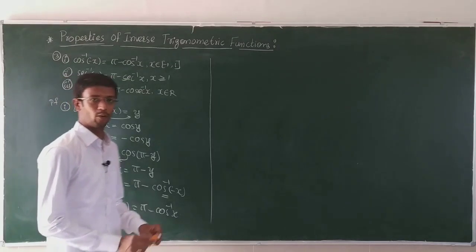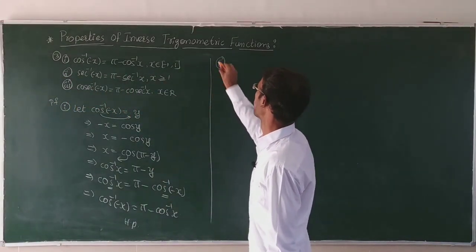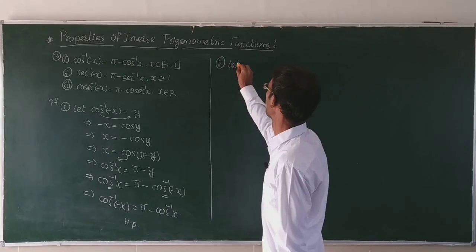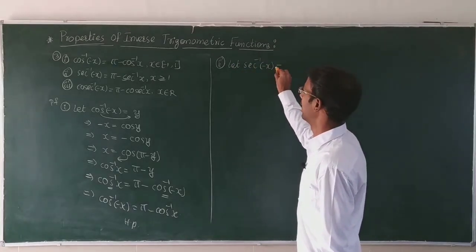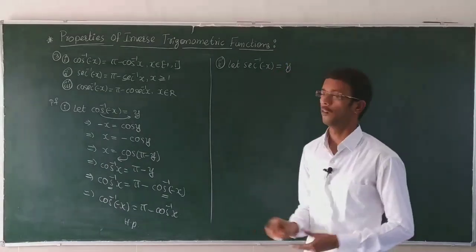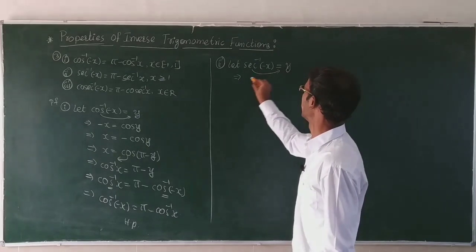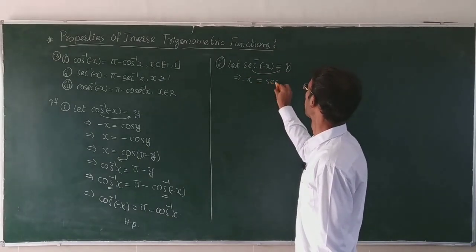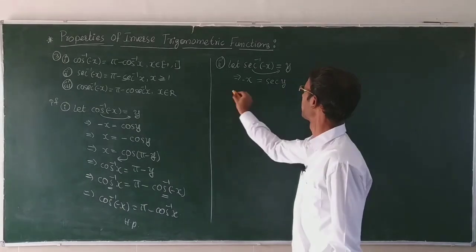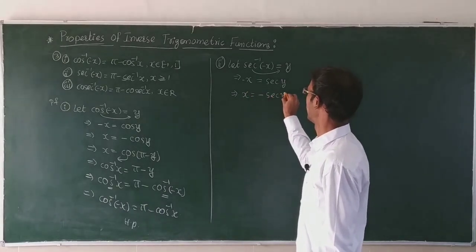Next, same to same as the second property. You see the second property. Let secant inverse of minus x is equal to y. Same to same, sending to that side: minus x is equal to secant y.